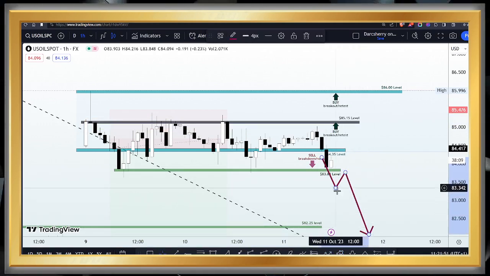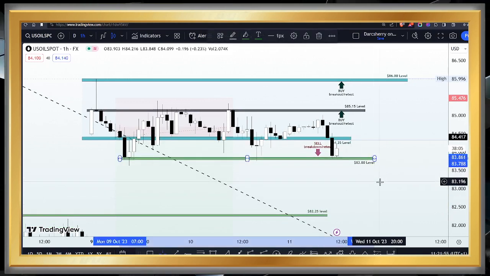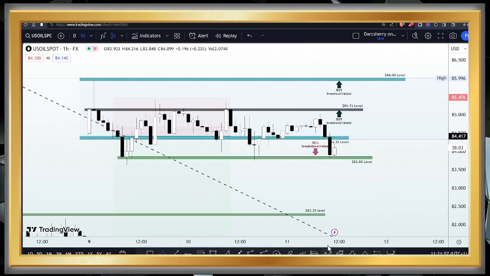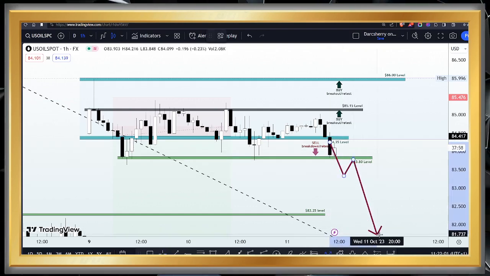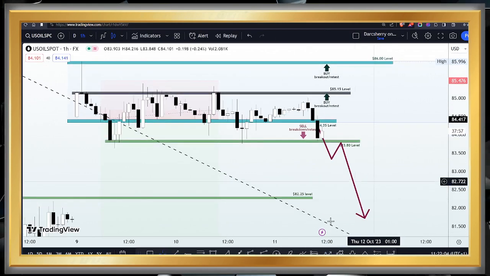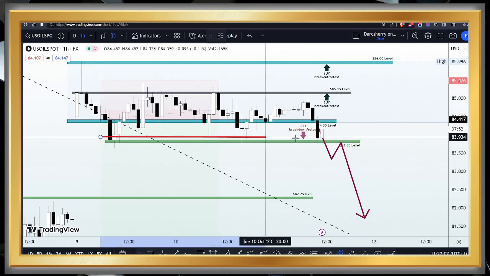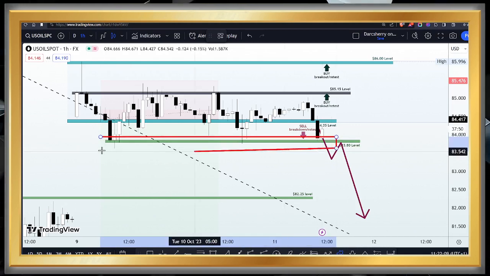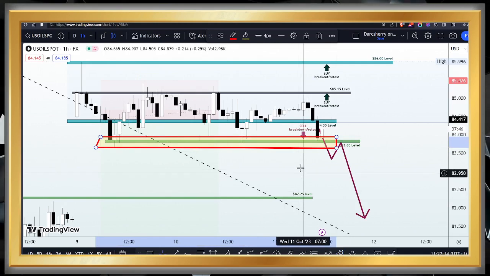Now, if price breaks down the $83.80 level, we are not jumping right in, as we will need some confirmations like a retest of structure on our lower time frame before joining that bearish move to the downside. And in fact, if price breaks down the $83.80 level, it would have taken out all the buy positions here to signal a bearish move to the downside.